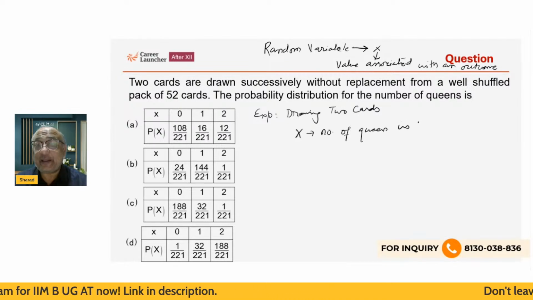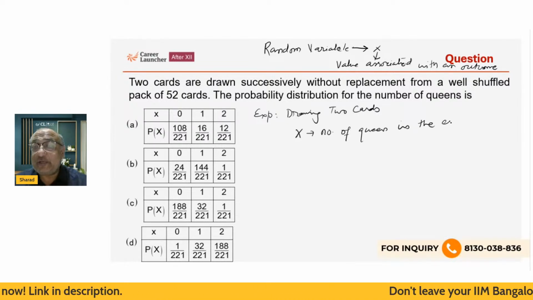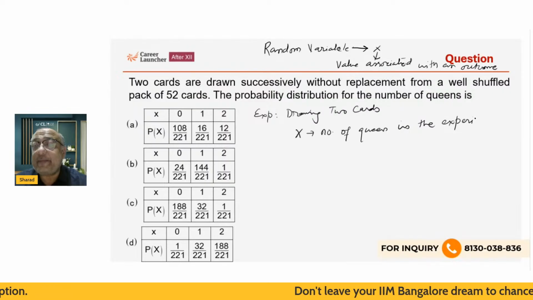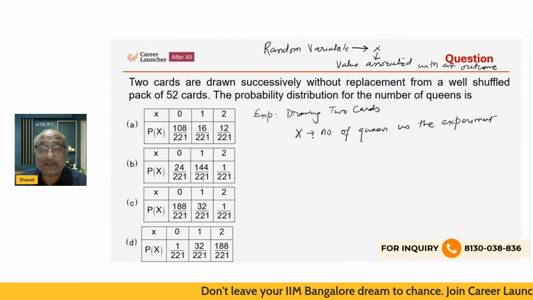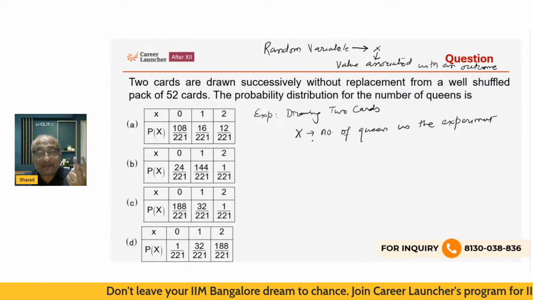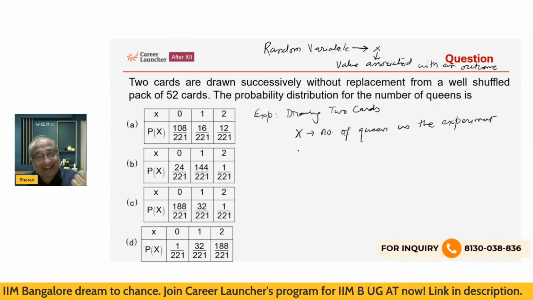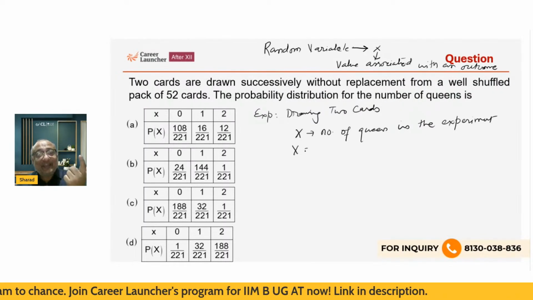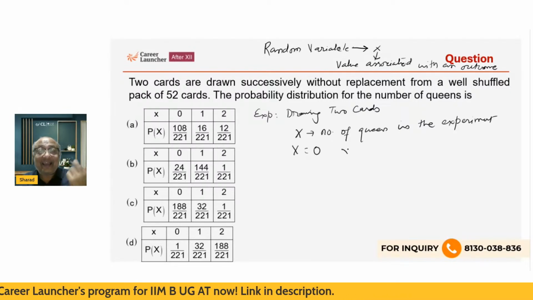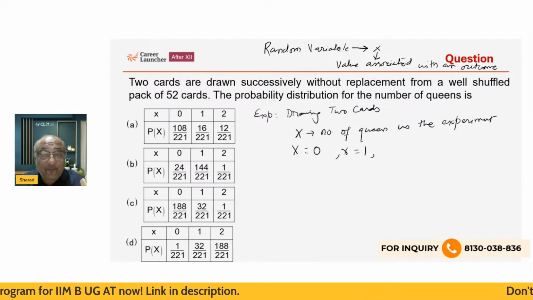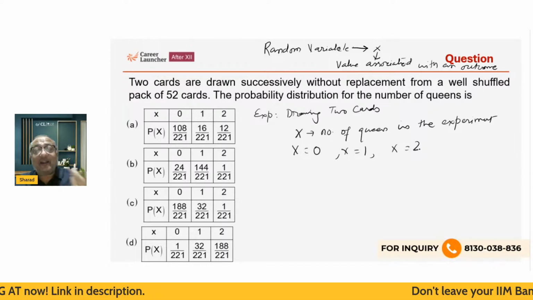in the experiment. So please note, it is a result of the experiment which has a value associated. If you have drawn 2 cards, then what will be the value? Either no queen will come, or one queen will come, or both cards will be queens.